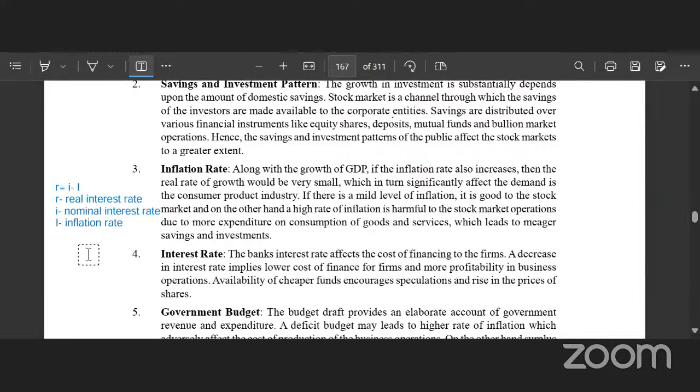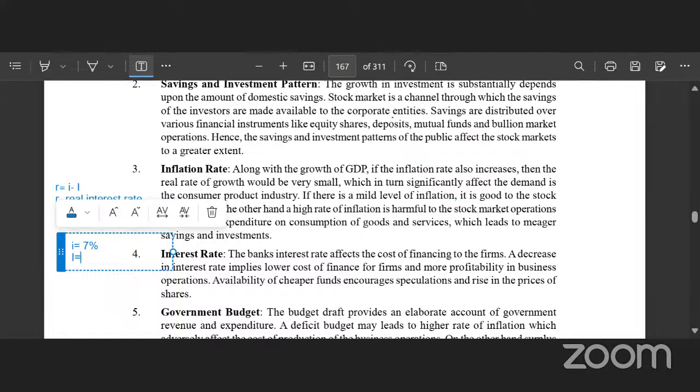So suppose the nominal interest rate is 7 percent and the inflation rate in the economy is 5 percent, then the real interest rate investors get is only 2 percent, right? So this is the reason why the central bank, the Reserve Bank of India, always focuses on minimizing the inflation rate, or sees that inflation in the economy does not go up, right?